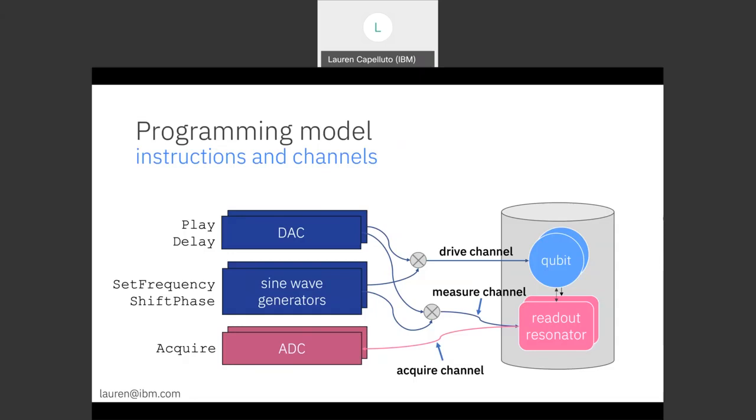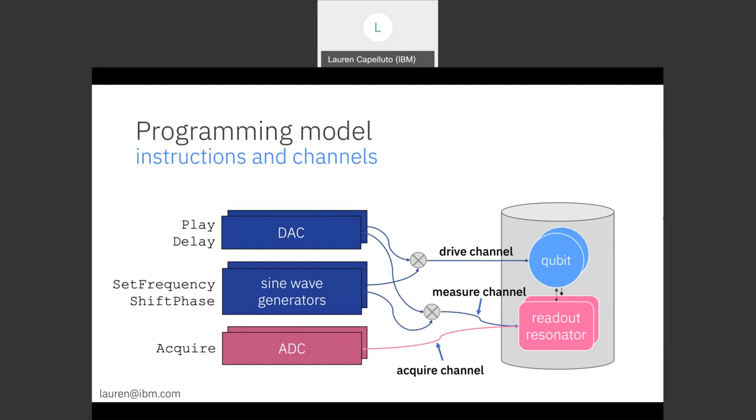The set frequency and shift phase instructions are setting that phase and frequency and playing it through a continuous sine wave generator. So the output tone will get mixed in with the output of the DAC and get sent through a signal channel to the qubit.